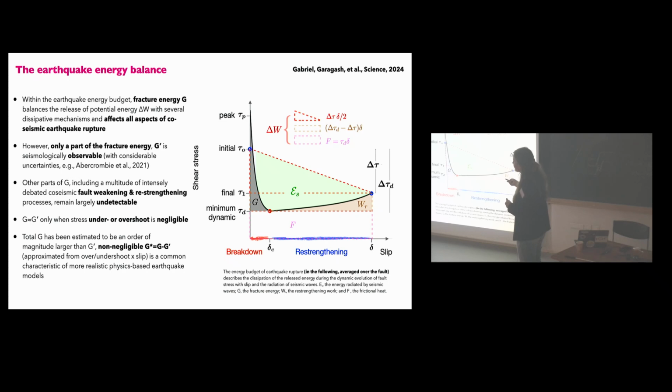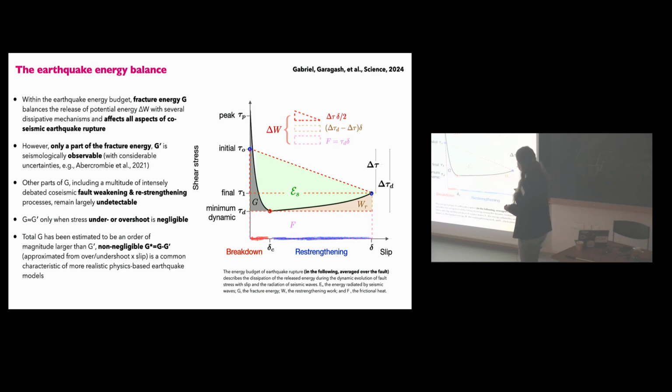However, a lot of the observational studies that are looking at stress drop, fracture energy or seismic efficiency are blind to some parts of the fracture energy. Other parts that are invisible include, for example, co-seismic fault weakening and re-strengthening processes that we discussed at length, but they remain for real earthquakes largely undetectable. These two quantities are only equivalent when there's no stress under or overshoot. So this is what happens here.